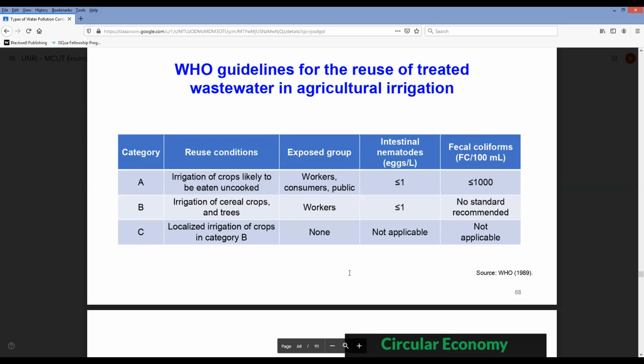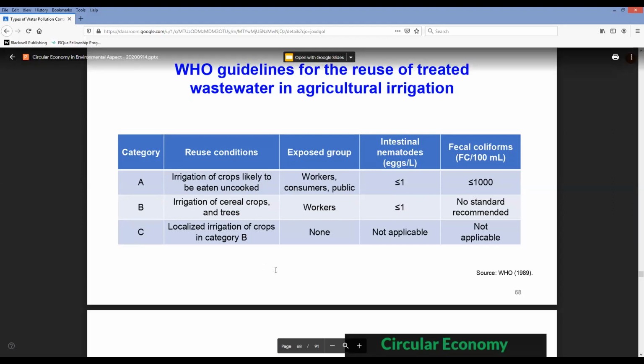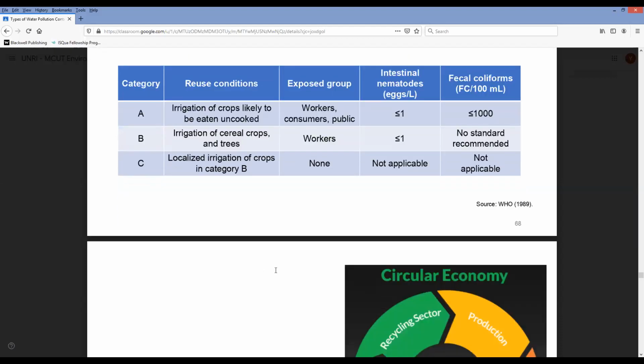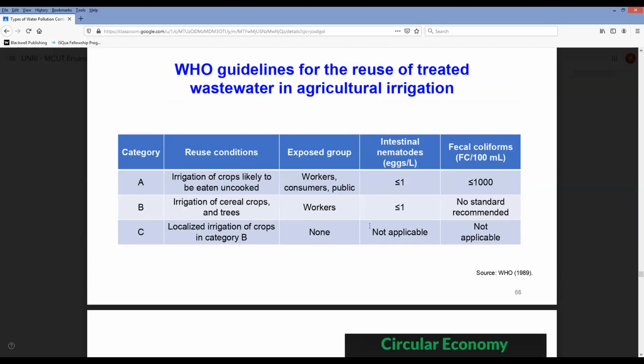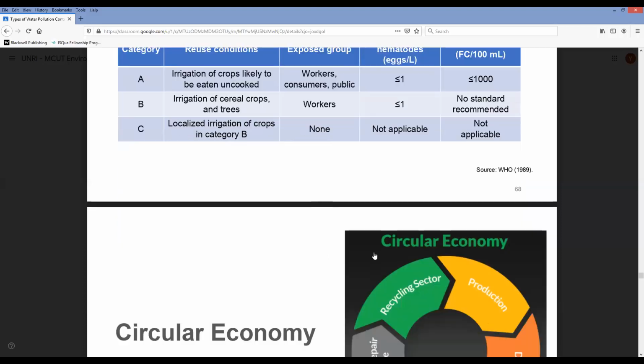It means this type of irrigation water quality has to be perfect, very clean, because people eat the vegetables without cooking. So for category A, the water has to be very clean. Okay, next please.